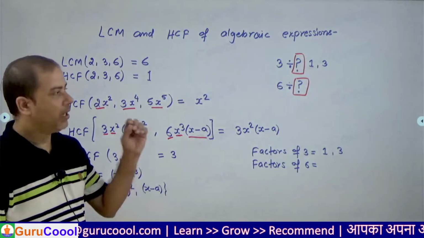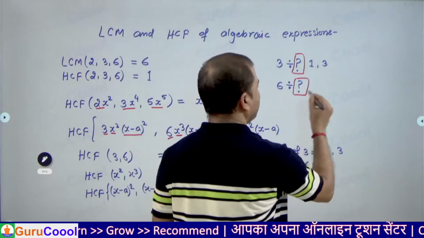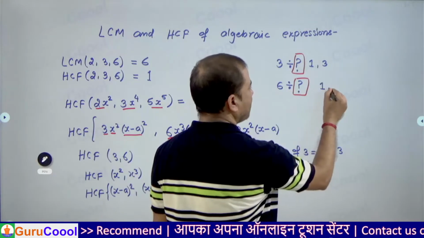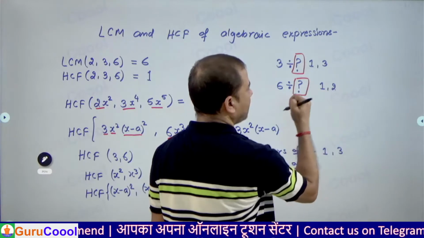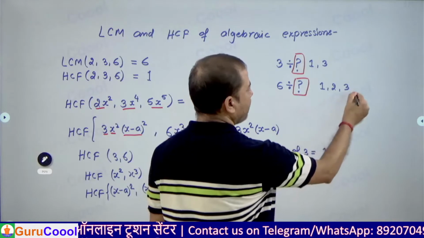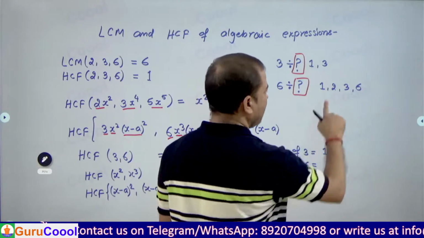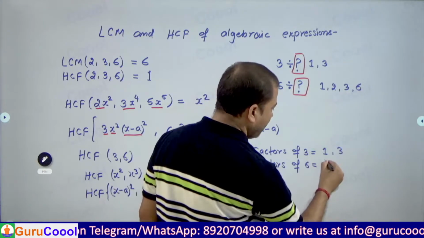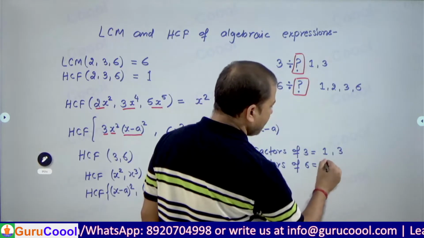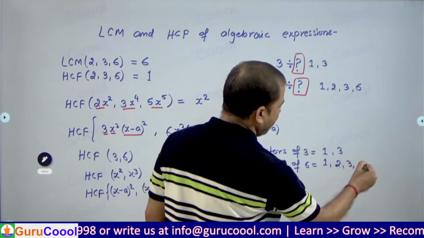So check which number can divide 6. 1 can divide 6, 2 can divide 6 in 3 times, 3 can divide 6 in 2 times, 6 can divide 6 in 1 time. So 4 factors: 1, 2, 3 and 6.